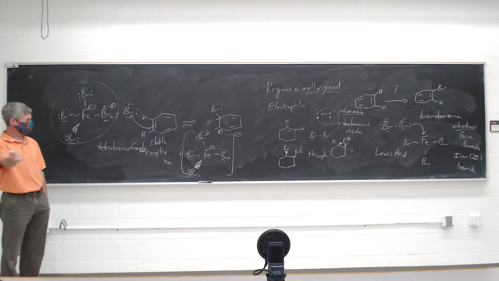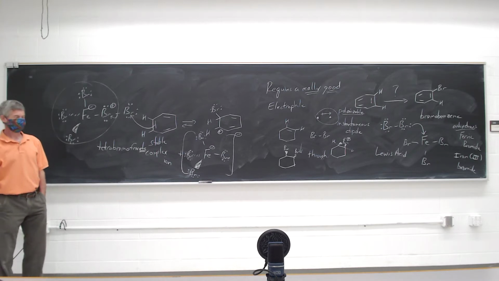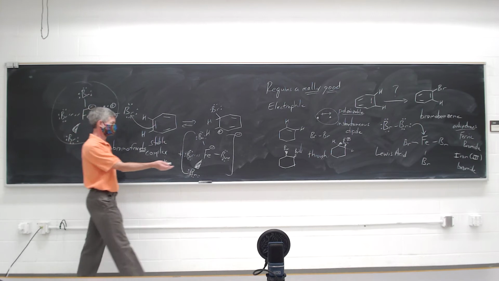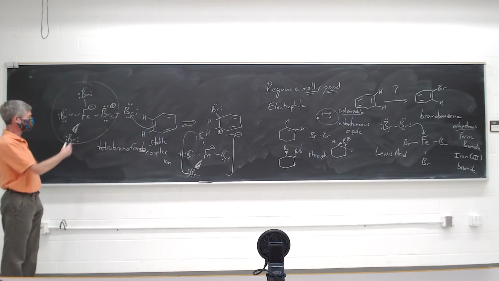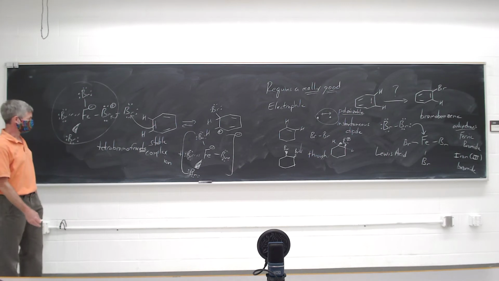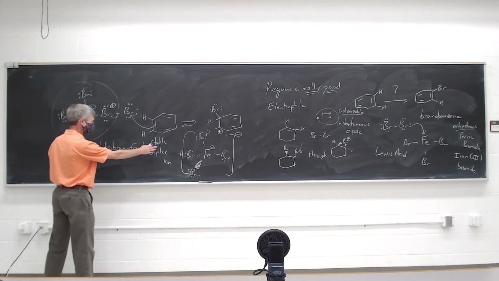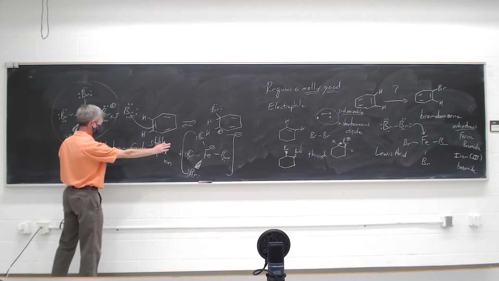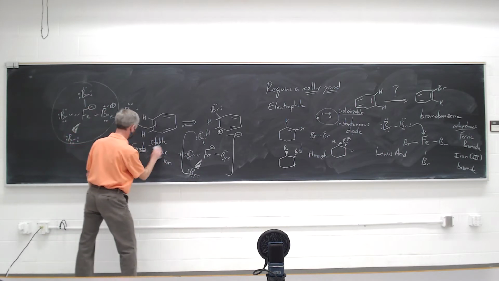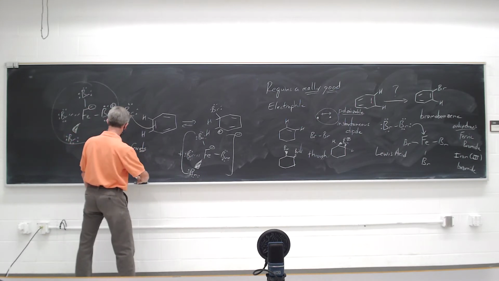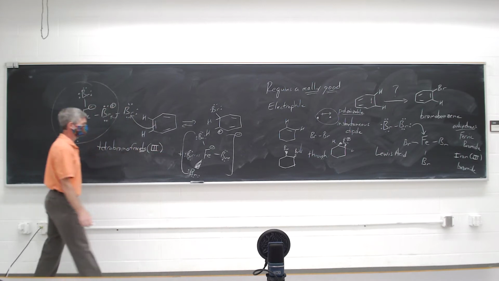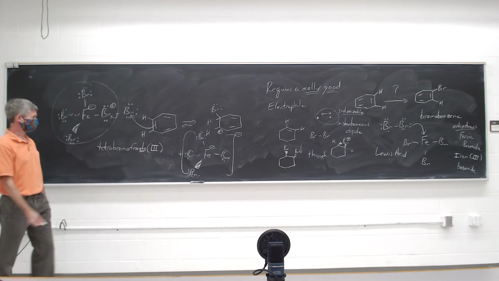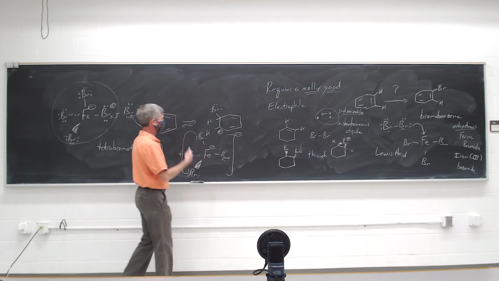If it were cobalt, it would be tetrabromocobaltate. But because it's an anion, we use the Latin root in the name. So this is the tetrabromoferrate ion. And we need to put the oxidation state on the iron in parentheses afterwards. So this is tetrabromoferrate(III). And then the counter ion obviously is this.